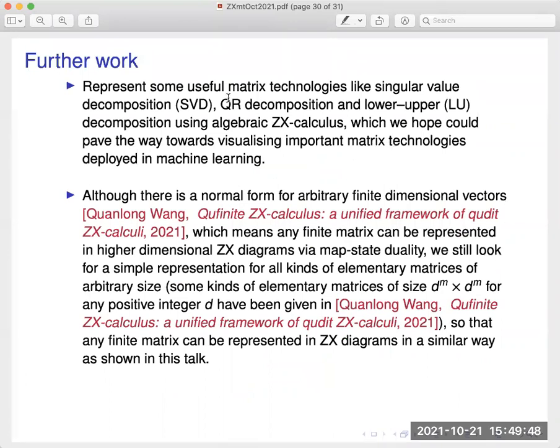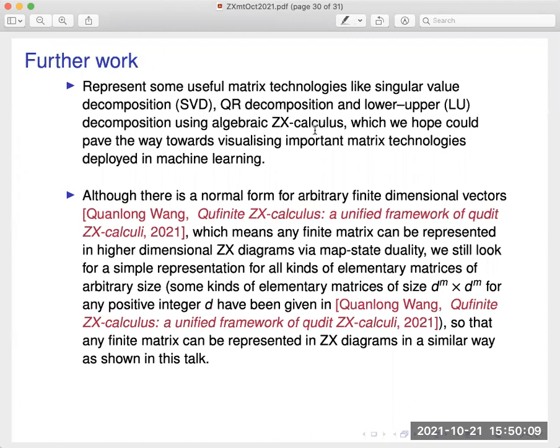One is that we want to represent some very useful matrix technologies, like those used a lot in tensor networks, like the singular value decomposition, QR decomposition, and LU decomposition using this technology.